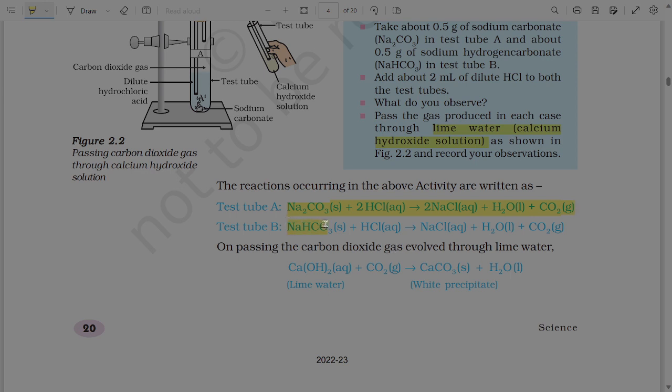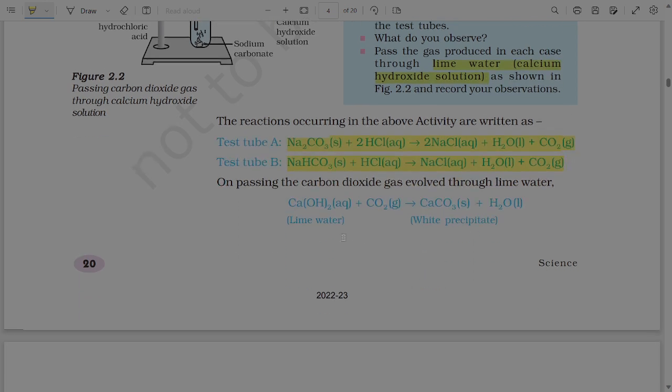Now, sodium hydrogen carbonate, when it reacts with hydrochloric acid, produces the same products, that is sodium chloride, water, and carbon dioxide. On passing the carbon dioxide gas evolved through lime water, we get CaCO3, or calcium carbonate, and water.